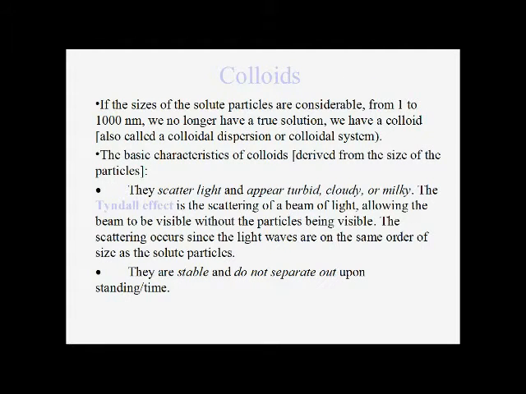So a distinctive feature of colloids is that they scatter light. They can appear to be milky, cloudy, turbid. They can be clear, but then if you shine a beam of light through them, such as a headlight in a fog, you'll see the beam of light as it scatters off particles in the colloid.